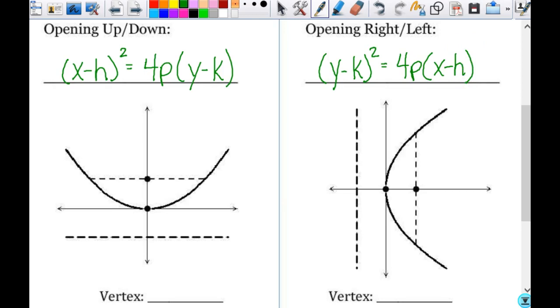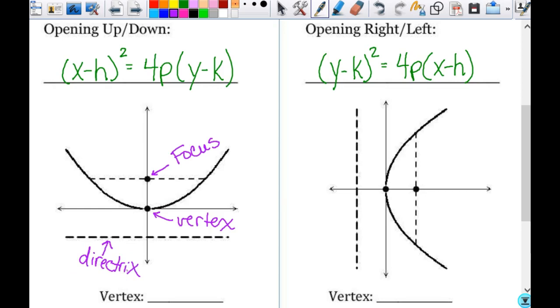So we're going to use this picture here to label our names and stuff again, and then we're going to use the other one to label our lengths. So this point right here is the what? Okay, it's the focus, right? This point right here is the vertex. This line is the directrix.